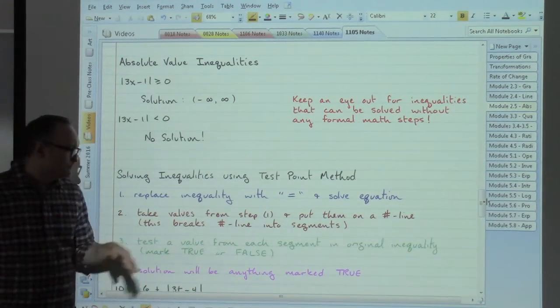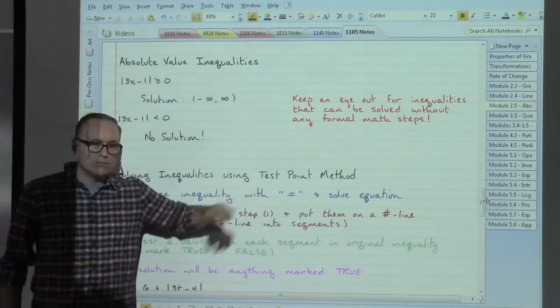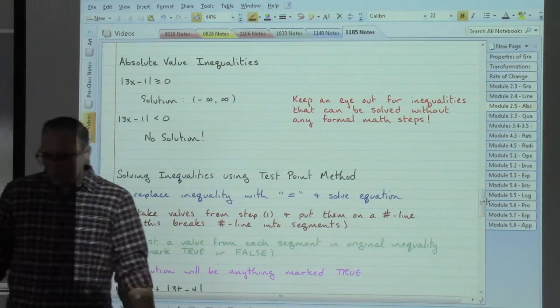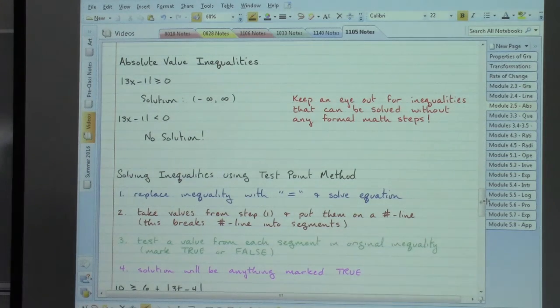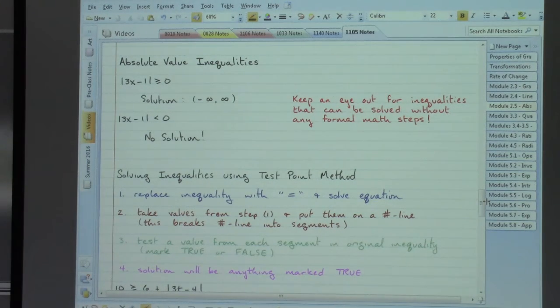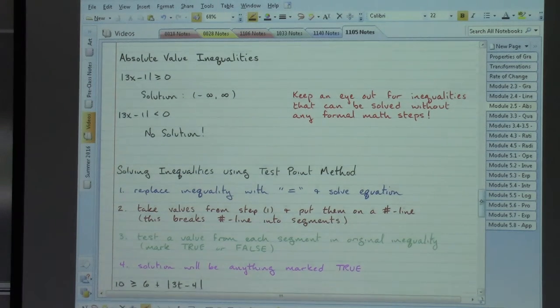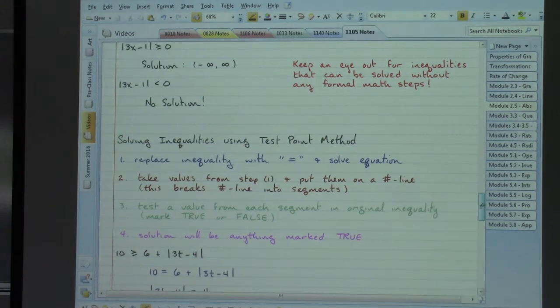First step, replace the inequality with an equal sign. Well, as long as we're equipped to handle the equation business, then we should be equipped to handle the inequality business.